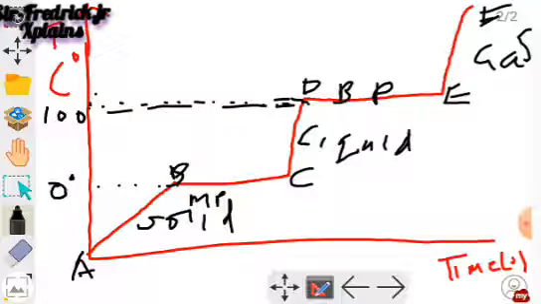Here we can ask another question: what was the substance at BC? Since the solid was melting to liquid, it does not just turn into liquid just like that.